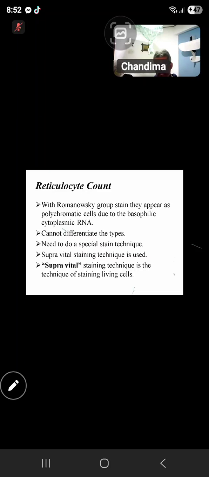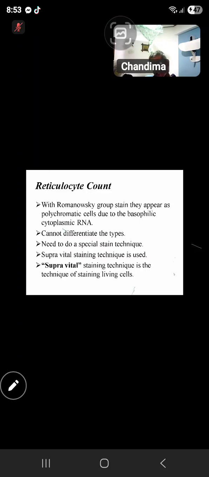What we do is calculate the reticulocyte index. How can we calculate the reticulocyte index? Divide the patient's PCV or HB by the normal PCV or HB, right?